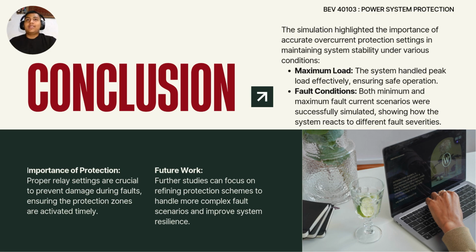The key takeaway is that proper relay settings are essential to prevent damage and ensure timely activation of a protection zone. For future work, we could explore refining a protection scheme to handle more complex fault scenarios and improve overall system resilience. I think that's all from our group. Thank you.